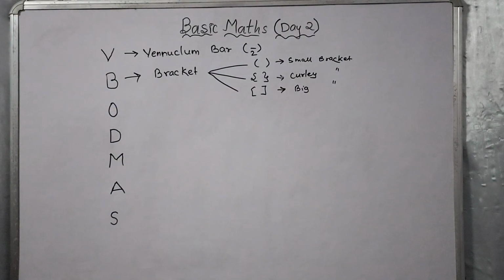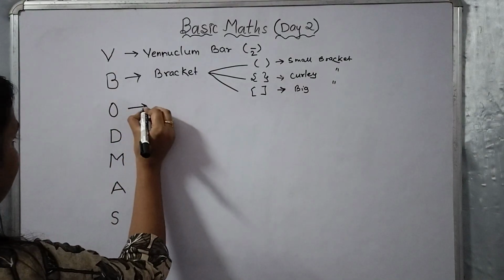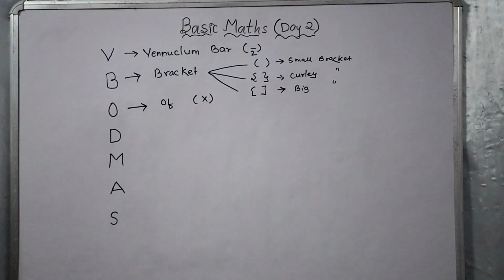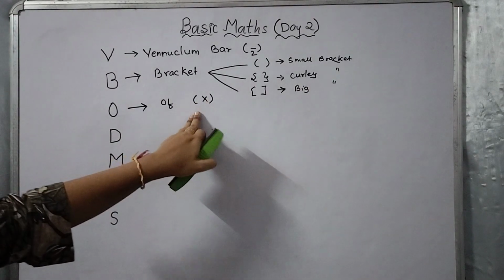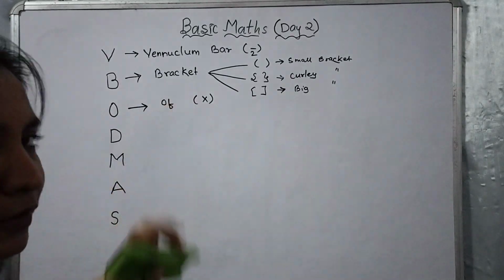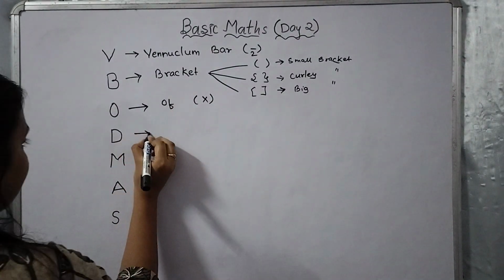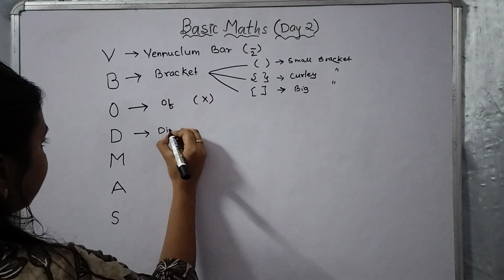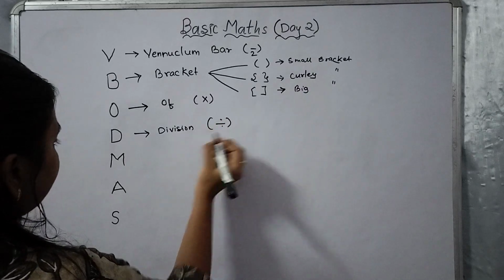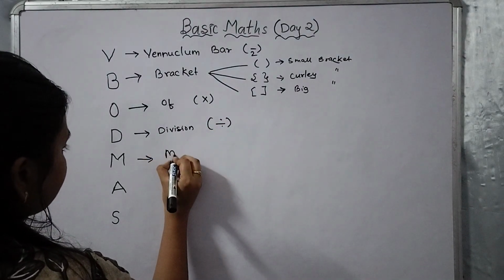I will solve one example which will make things clear. This is Of, which generally signifies multiplication, but when Of is written, first we need to solve this. Then D is division, which we all know. Then this is multiplication.